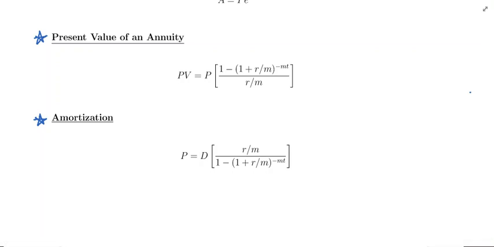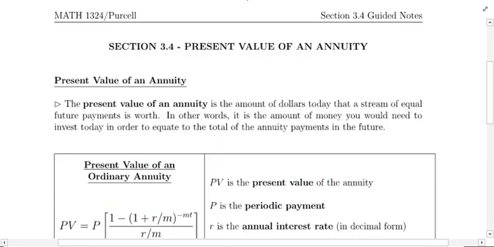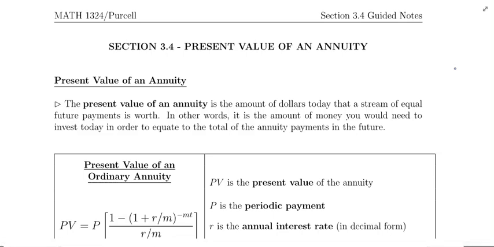So let's talk about when you would actually use this present value of an annuity formula. If you go to your separate packet of notes for the present value of an annuity, this is the first page, this is what it looks like. Make sure you have this note packet handy. Let's read the first bullet point because it's going to explain when you're going to use this particular formula. The present value of an annuity is the amount of dollars today that a stream of equal future payments is worth.